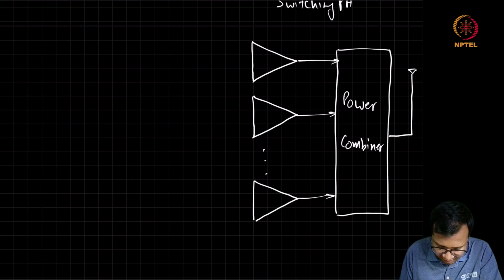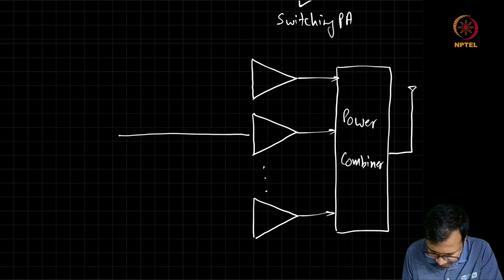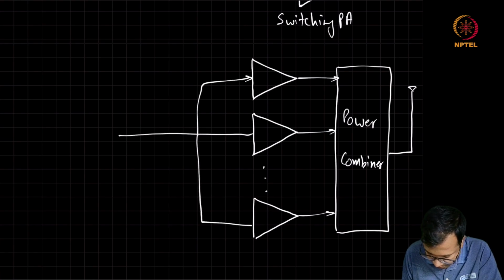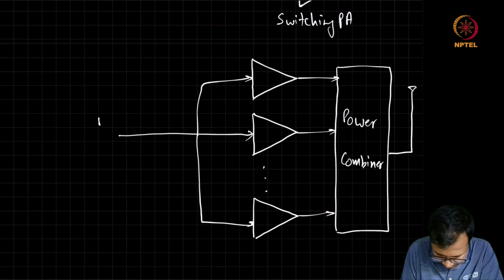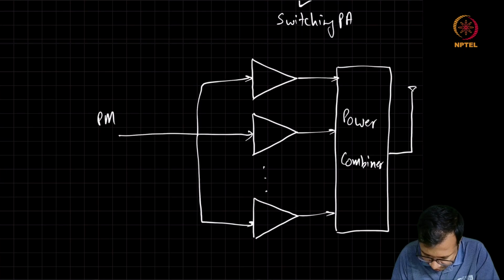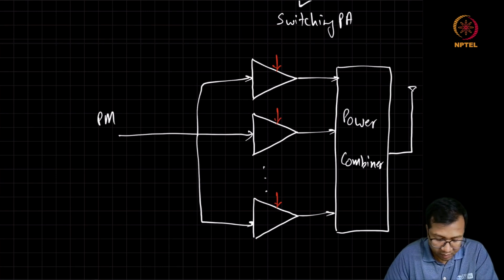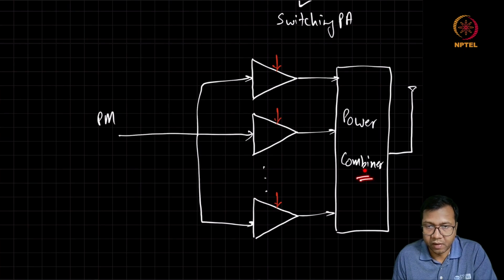All the switching PAs can easily accept the phase modulated signal, while we can have a digital control to enable or disable these unit cells so as to control the net power at the output.